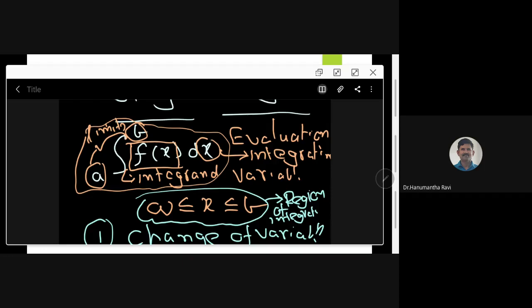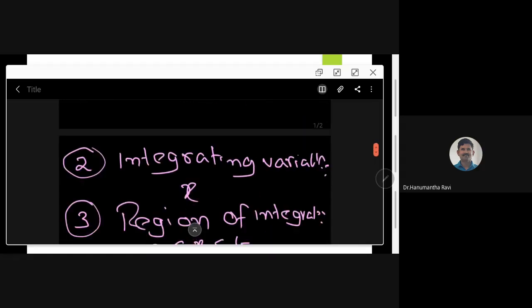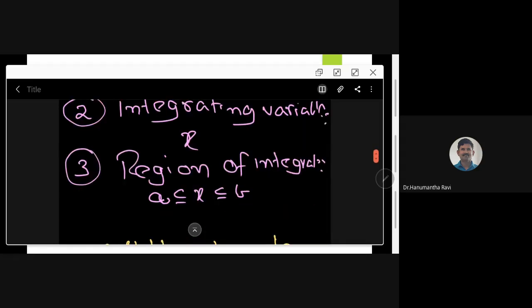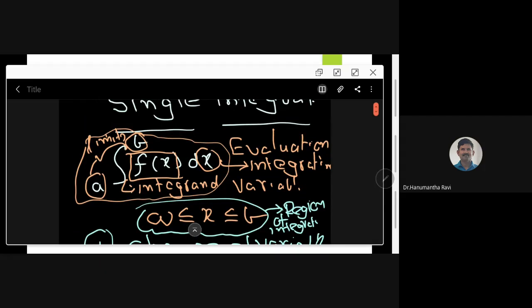Here there are basically three parts: integrand, integrating variable, region of integration. Usually when we write integral a to b f of x dx, we call a and b the limits of the integration, f of x is called the integrand and x is called the integrating variable. But a and b being limits means x lies between a and b.